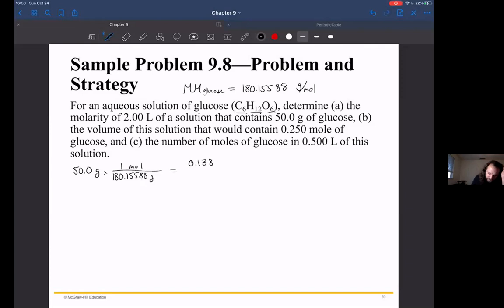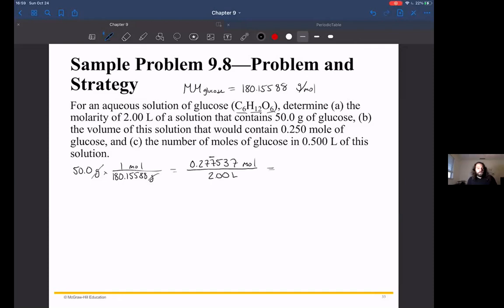Punch that into my calculator and I get... No, I don't. I lied. I'm sorry, I'm looking at the wrong thing. I get 0.277537. Looking at my units, I'm left with moles of glucose. I should have 3 sig figs in this number, but I'm not going to round yet. I'm going to divide by my 2.00 liters.